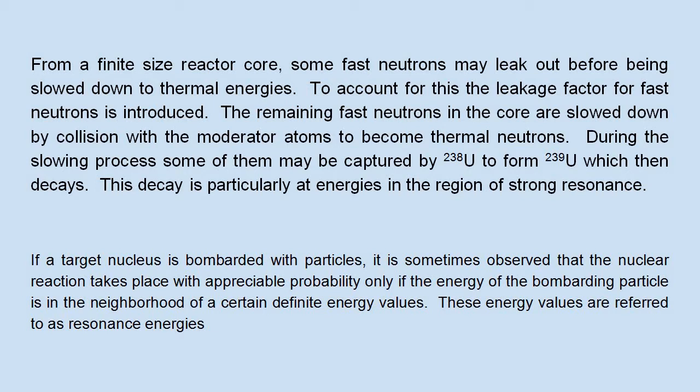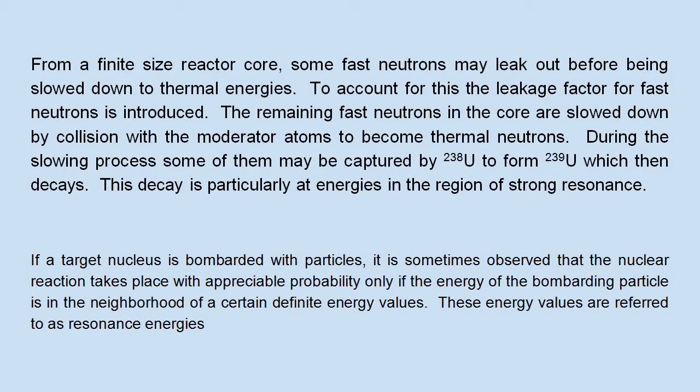From these remaining fast neutrons, we slow them down to become thermal neutrons, and this is done by moderators. The reason for the slowing down is to use these neutrons as thermal neutrons for causing fission in uranium-235.